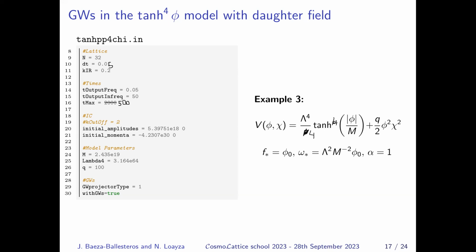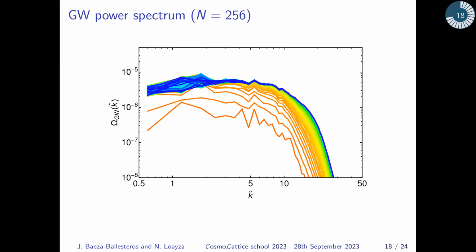So maybe I can move on and show the result of these simulations. This is the power spectrum of gravitational waves when you work with 256 points. As you can see now, the addition of the daughter field has completely changed the shape of the spectrum.